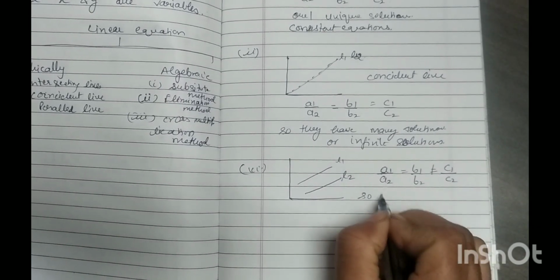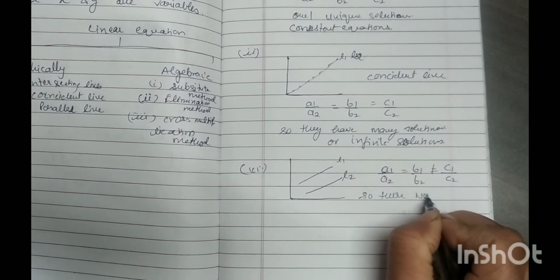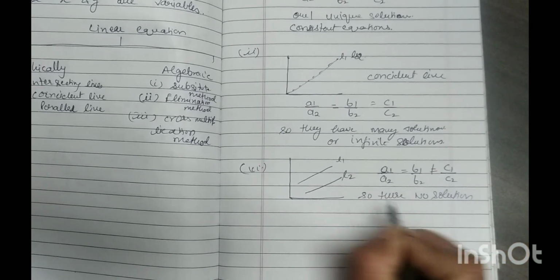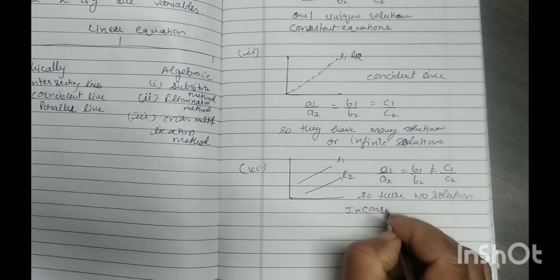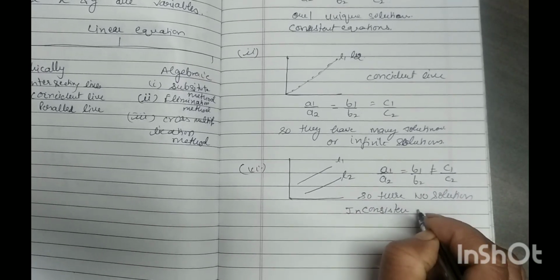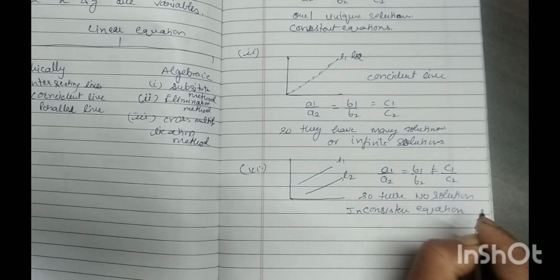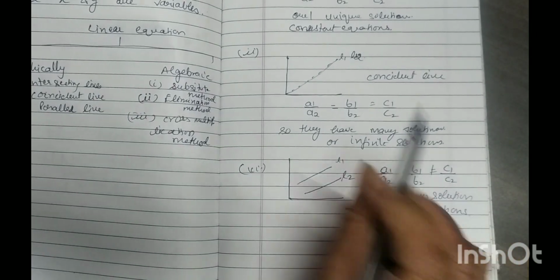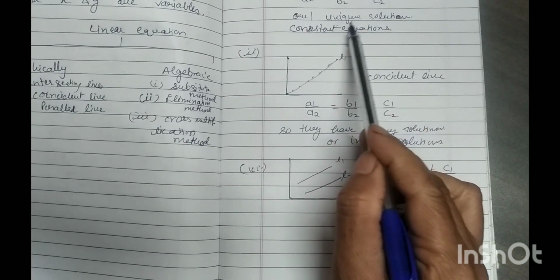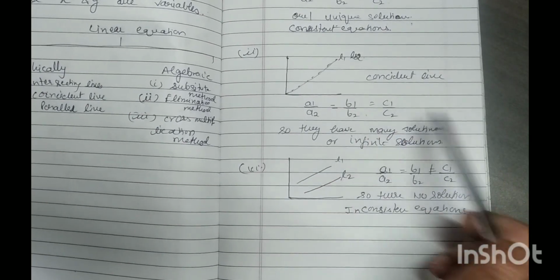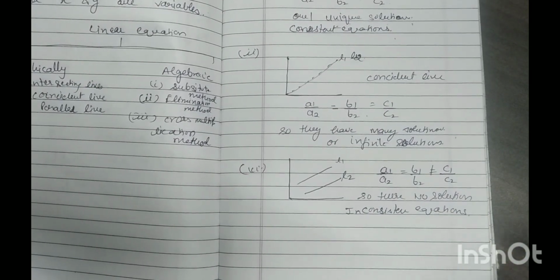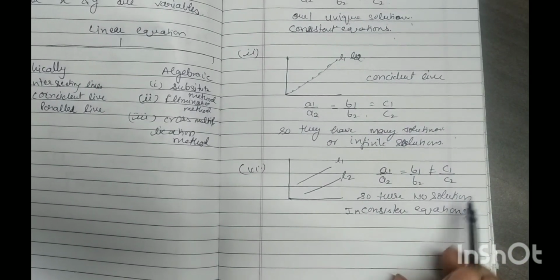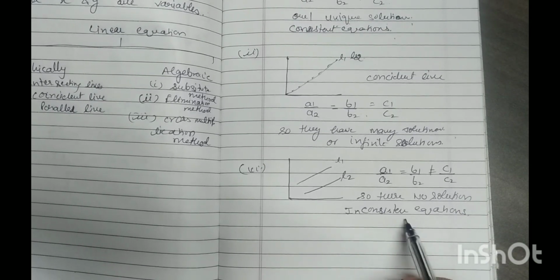So there is no solution, and this is also known as an inconsistent equation. Equations which have one unique solution or many solutions are known as consistent equations, and those which have no solutions are known as inconsistent equations.